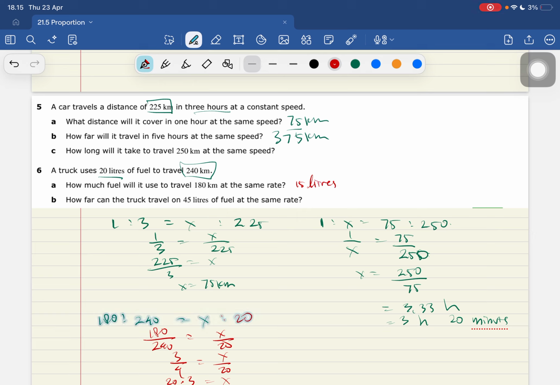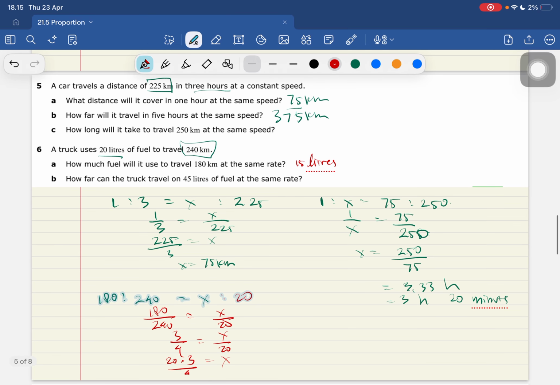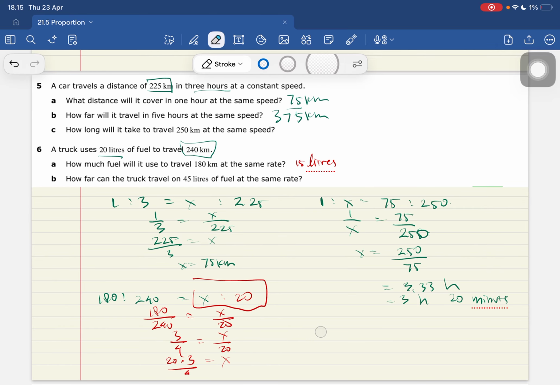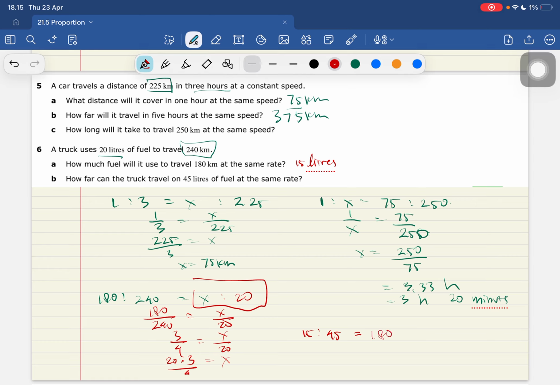And for B, how far can the truck travel on 45 liters? We can use the 15 liters, which is 180 kilometers. So 15 to 45 equals 180 kilometers to an unknown y.